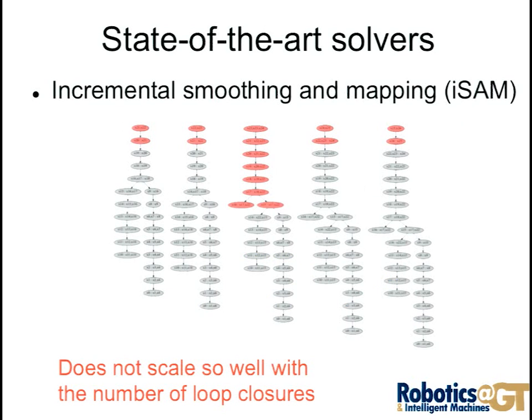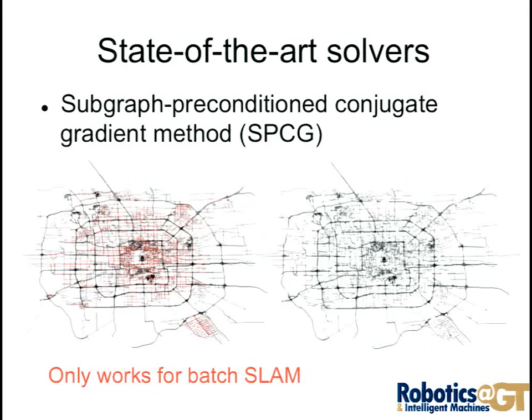Yong-Dian, in collaboration with me and others, has developed a batch method which uses a subgraph of the large sparse graph as a preconditioner in a conjugate gradient framework. That's called the subgraph preconditioned conjugate gradient framework. We've shown this in robotics, but Yong-Dian also has an ICCV paper on this, which shows it working on very large-scale structure from motion problems.